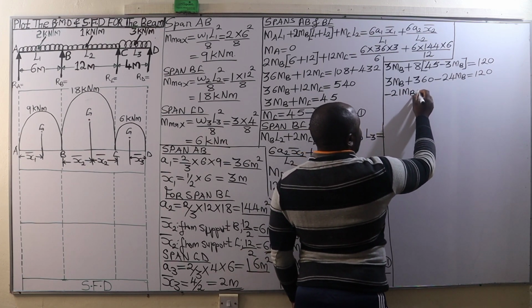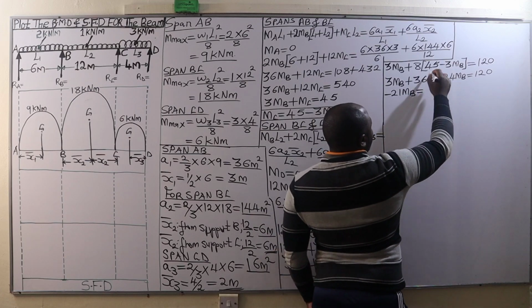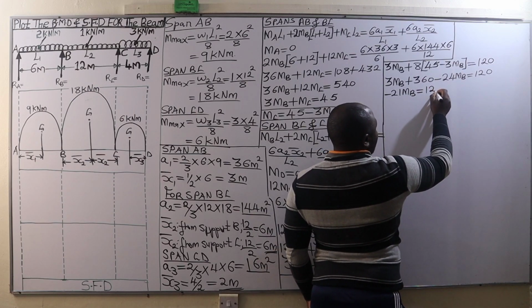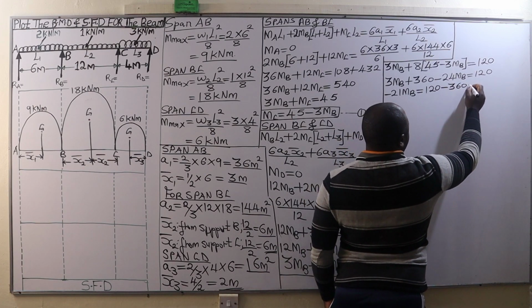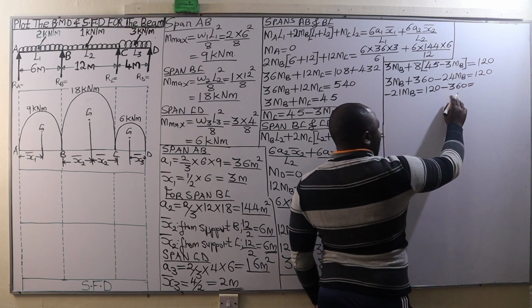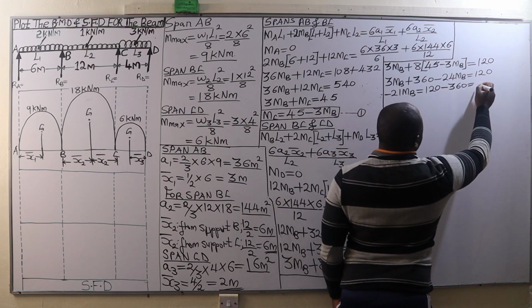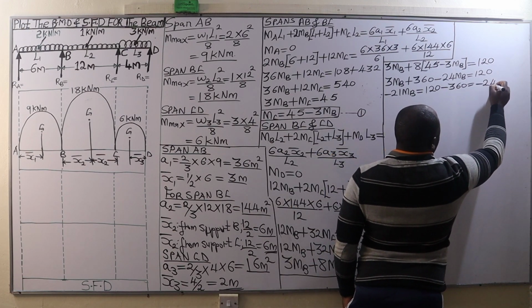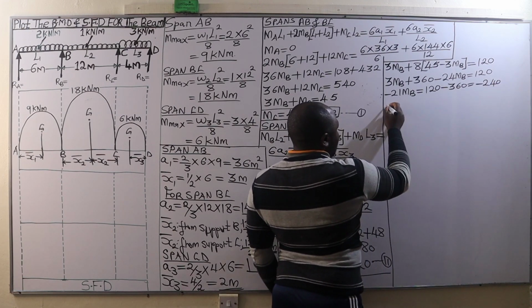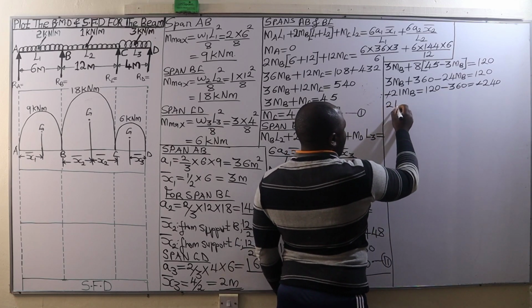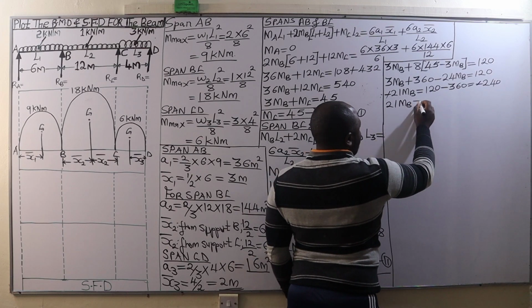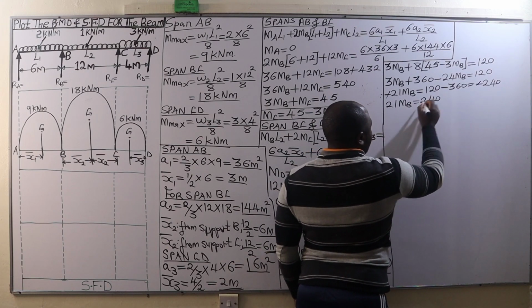Minus 21 MB is equals to, we take 360 the other side of the equal sign, that's going to be 120 minus 360, and 120 minus 360, that is going to be minus 240. So definitely this negative and this one will cancel out, and therefore you are going to have 21 MB is equals 240.